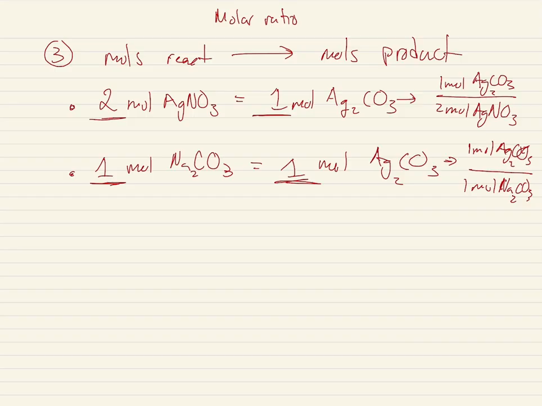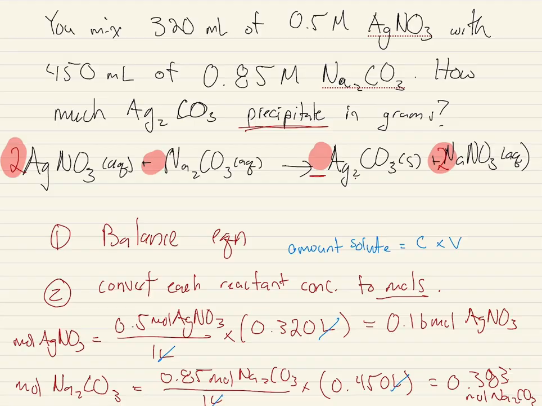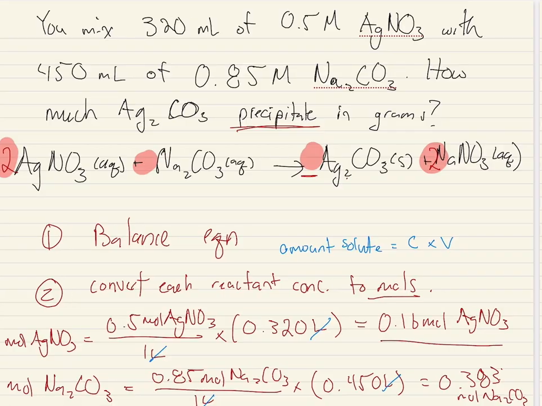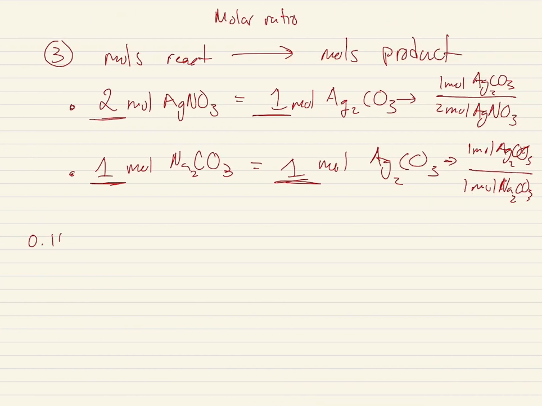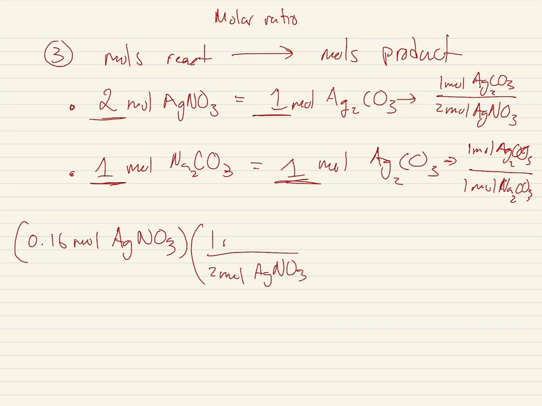All right, so you convert the moles of each reactant into moles of product, which means that we start from, let's look at silver nitrate first, 0.16 moles of silver nitrate, AgNO3. And we use the molar ratio to convert that to moles of product. We have 2 moles AgNO3 per 1 mole silver carbonate, Ag2CO3.